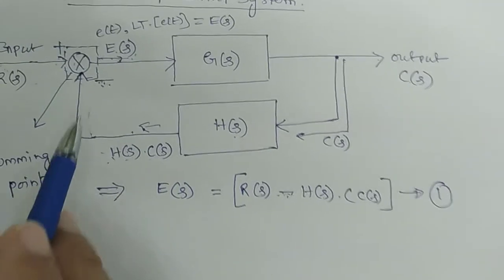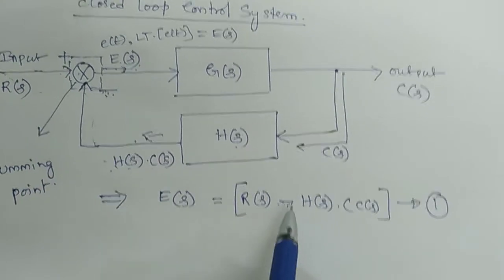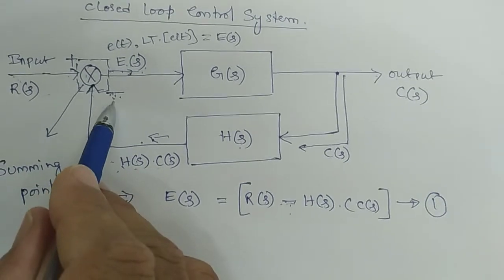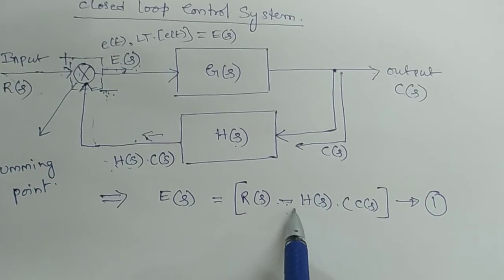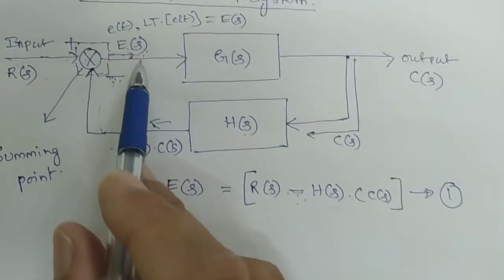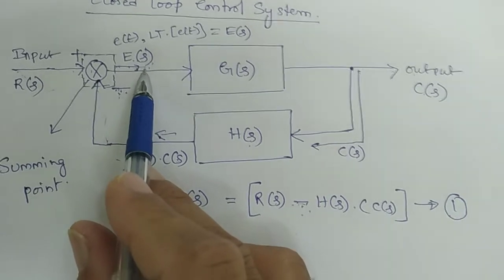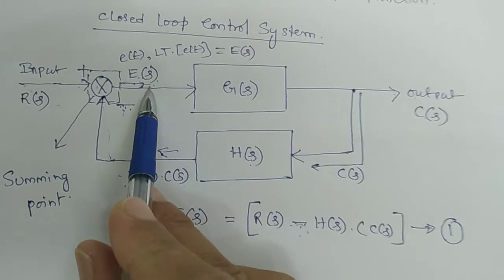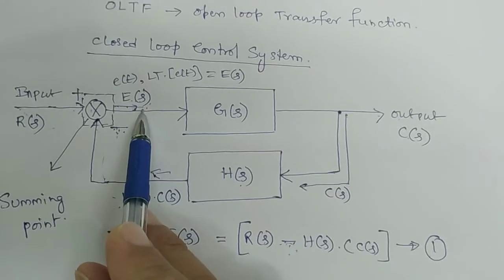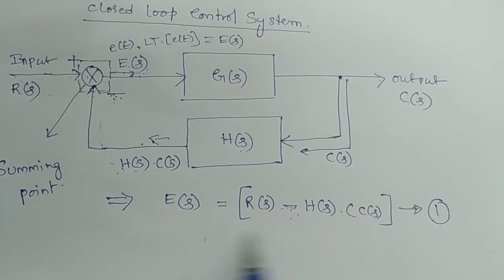Based on the sign being negative, you write negative; if it is positive, you write positive, that's all. Now I am considering the expression E(s) as equation number 1. That is the first expression you need to write in order to find the transfer function of this closed loop control system.